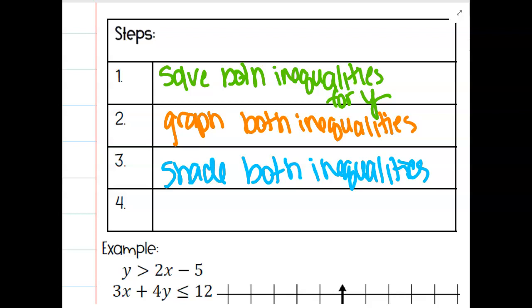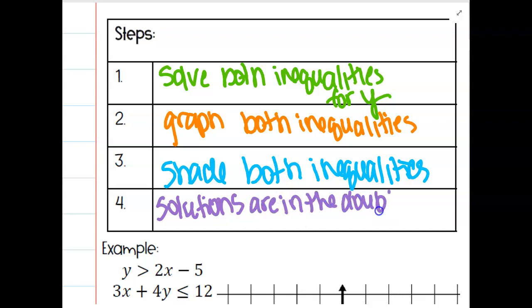What you're looking for is the area that you shaded for both inequalities, which is why I like using both colors, because you're looking for the area that you shaded with both colors. So your solutions are in the double shaded area. Solutions are in the double shaded area.